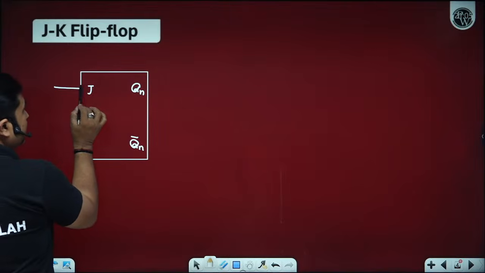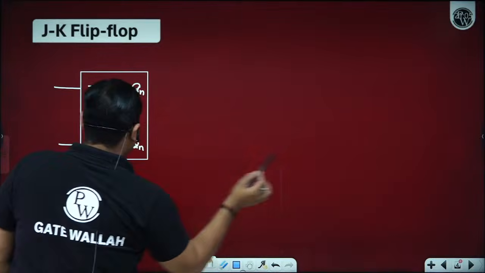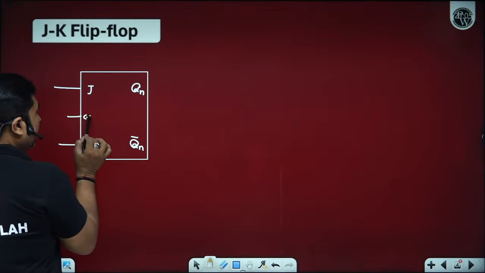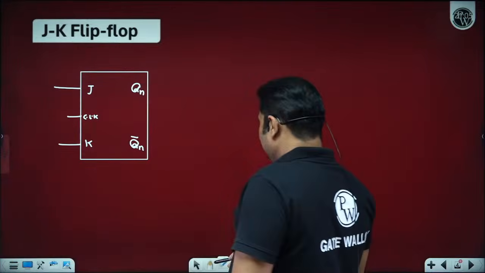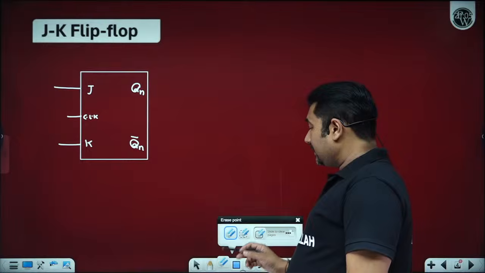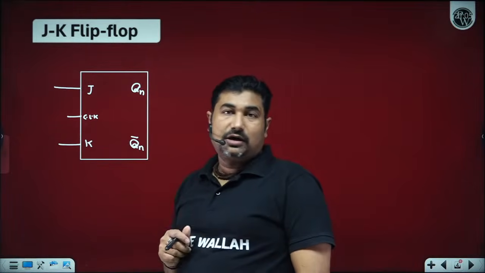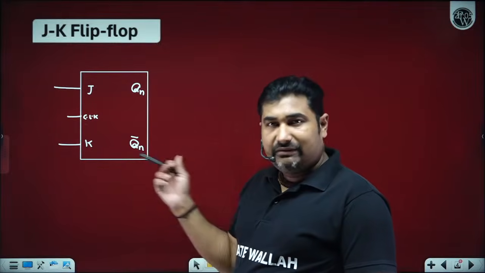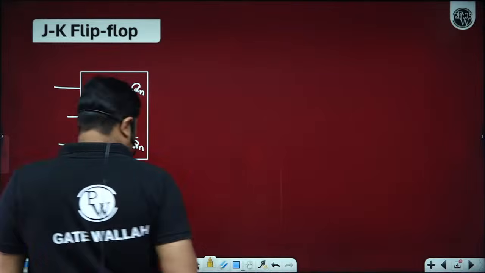In front of J we have Qn, and in front of K we have Qn complement. Is it okay? And we have a clock. Instead of using a normal clock, we use an edge triggered clock. I will discuss edge triggered clock very soon. Let us first discuss the level triggered JK flip-flop.